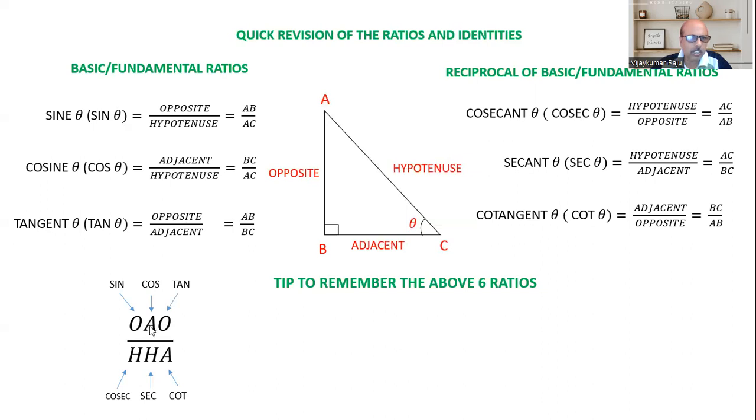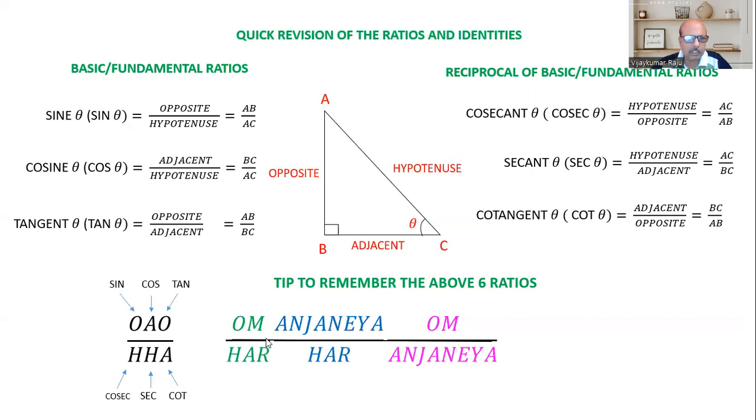O, A, O, H, H, A. You can remember it as Om Anjaneya Om Hara Hara Anjaneya. From top to bottom are the fundamental ratios, and from bottom to top are the reciprocal ratios: cosec, sec and cot. Now let's go further.